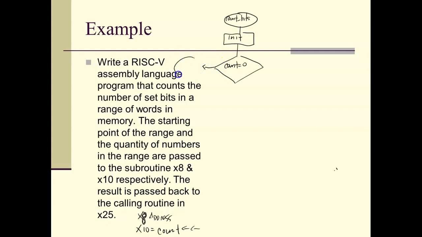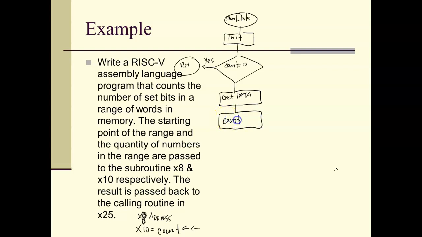If it is, we are going to return, and if it isn't, we actually have to do some stuff here, and that would be get data from memory. Next thing we have to do is count bits.